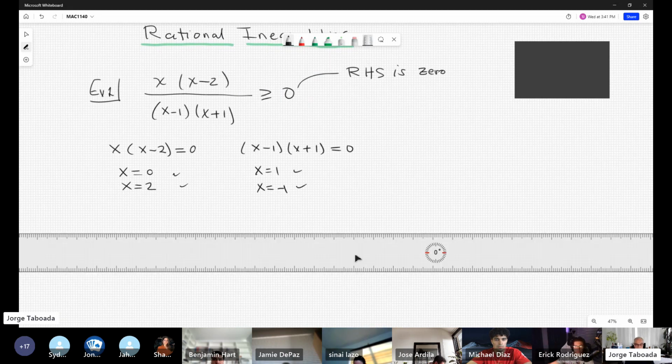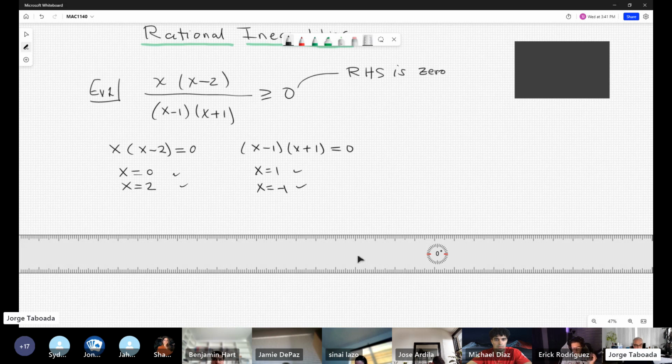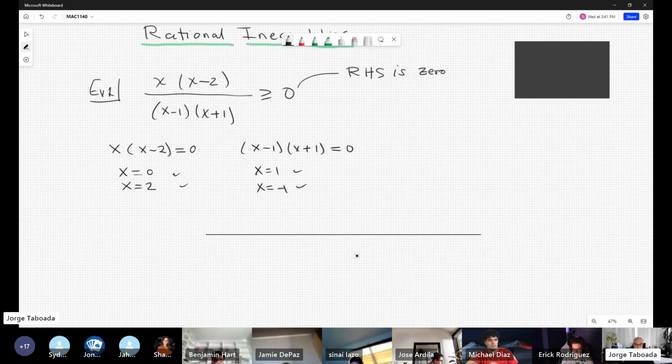Now make a partition. All real number line, famous. Okay. How many testing points? I need to declare it. Let me see. 0 is a critical value. 1 is another critical value. -1 is another critical value. And +2 is another critical value. Therefore, we have 4 partitions. We have 5 intervals.